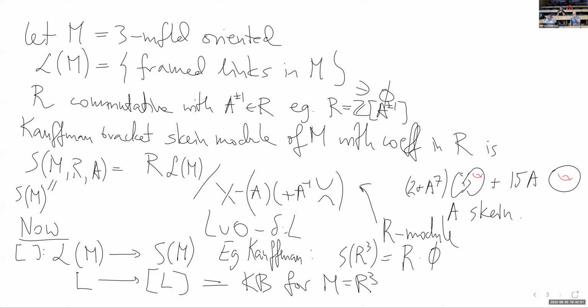If I'm not mistaken, the idea of using this construction for manifolds relies on the fact that these skein relations are local. Yes. So therefore, you can treat links in a three-dimensional manifold as you did in the case of R3, correct? Yeah. What do you mean by local? Referring only to the choice of the crossing, yes? Yes.